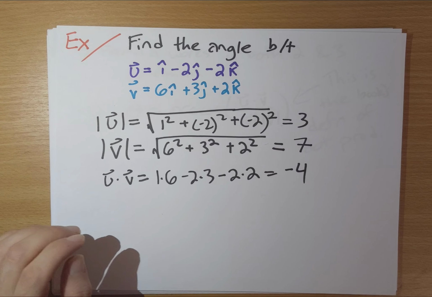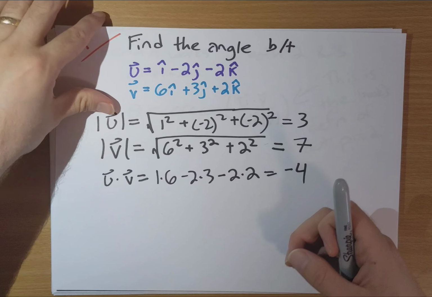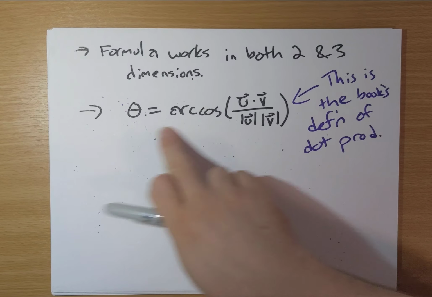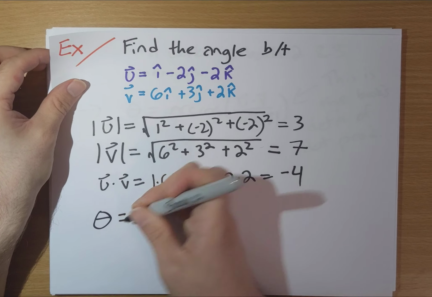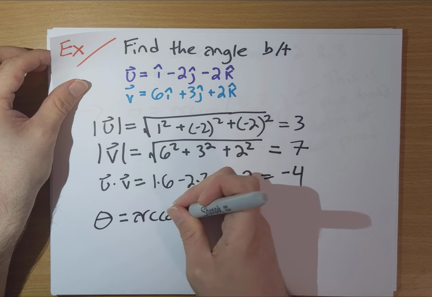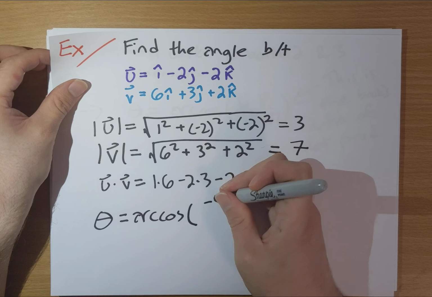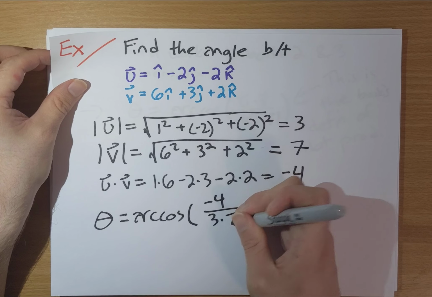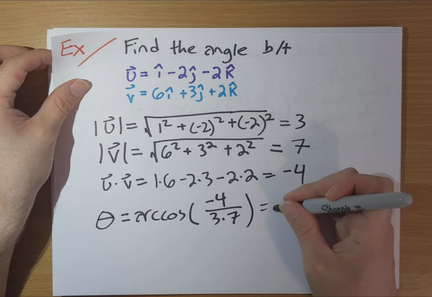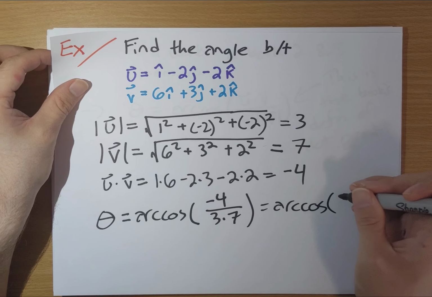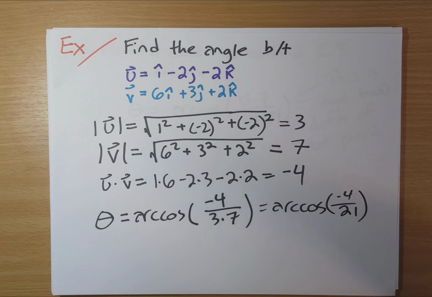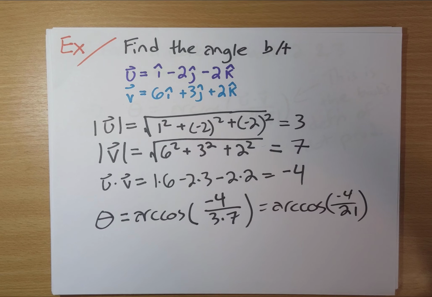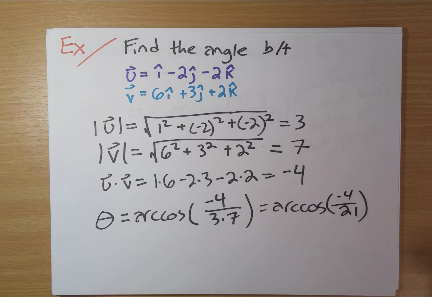So now putting everything together, the angle between u and v is this formula here. Theta is going to be arc cosine of negative 4 over 3 times 7, arc cosine of negative 4 over 21. And that's not something that we can simplify, so this is a perfectly fine and preferred final answer.